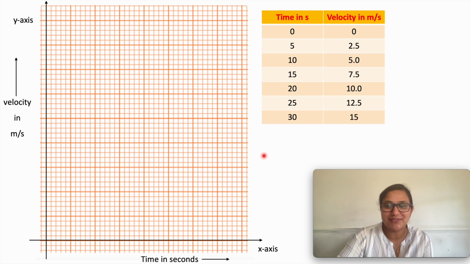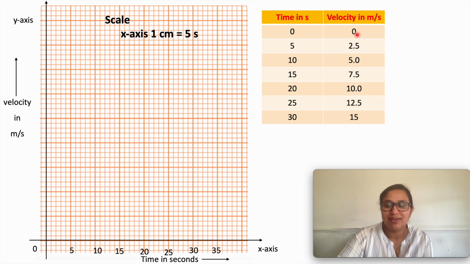So we have to choose the scale on the x-axis now. Time starts at 0 and the maximum value is 30 seconds. If we take 1 centimeter as 5 seconds on the x-axis, we have 0, 5, 10, 15, 20, 25, 30 on the x-axis.